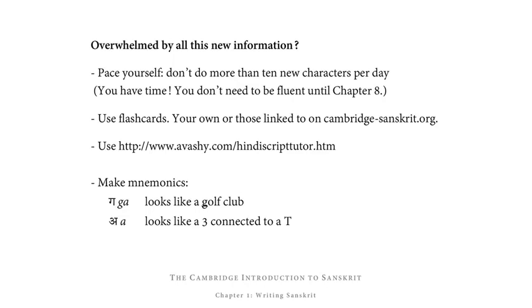And something that some of my younger students have been teaching me, you can make lots and lots of mnemonics. So, for example, as was pointed out to me by an 11-year-old, the sign for ga, or rather the individual bit in the sign for ga, looks a little bit like a golf club. So, ga looks like a golf club.